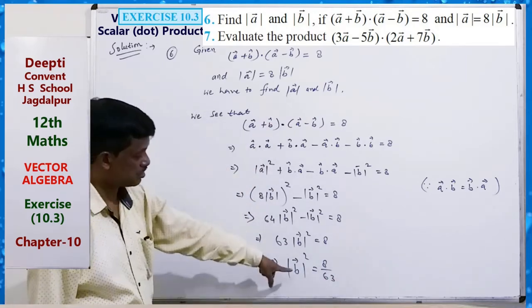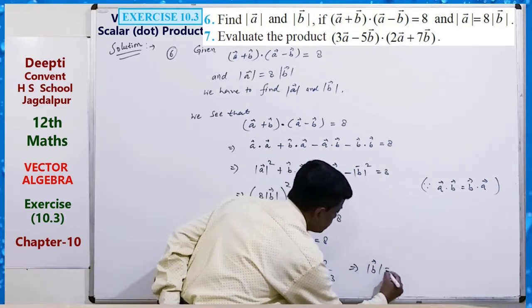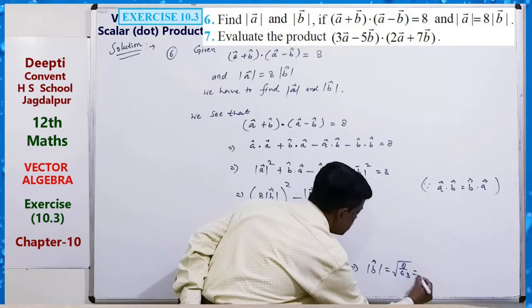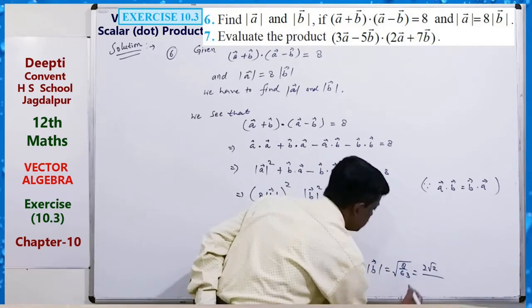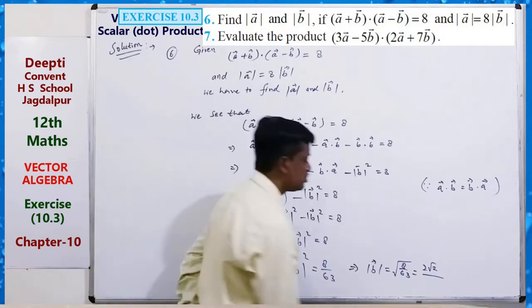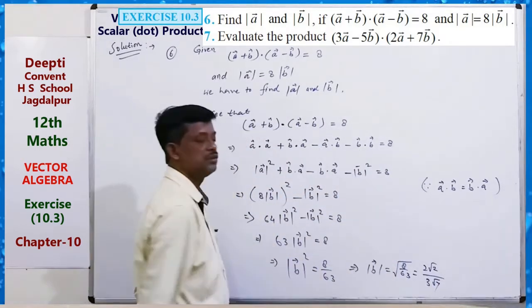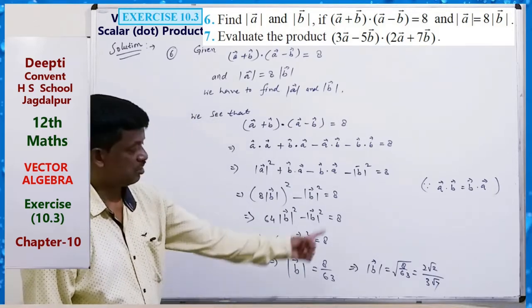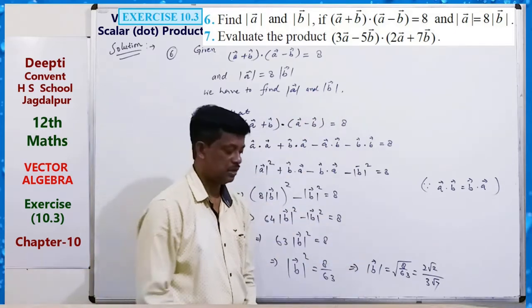So mod B equals root of 8 by 63. So here we can write 2 root 2 upon 3 root 7. So mod B is equal to this.